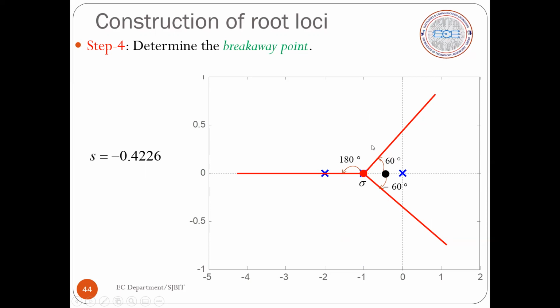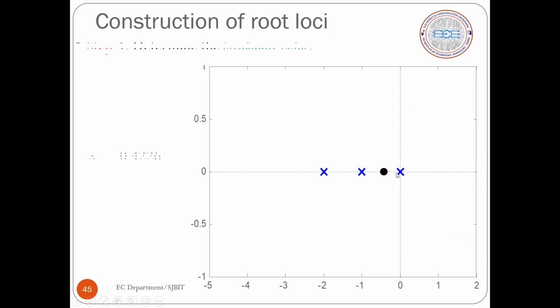In the previous class, we have completed plotting these asymptotes. Now the breakaway point we have to identify. So this is the breakaway point, that dark circle, at minus 0.4226. So that is identified.